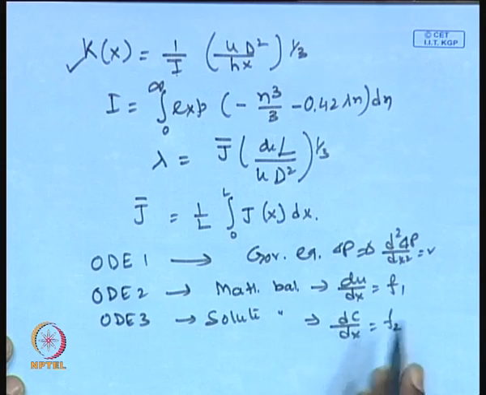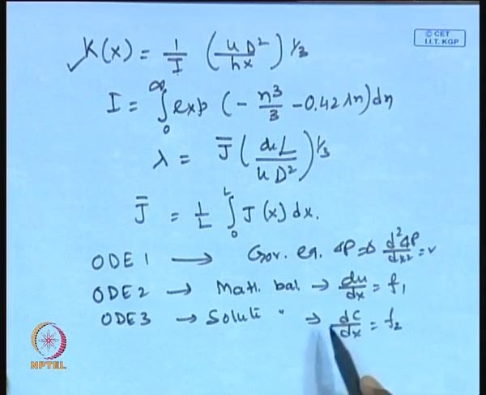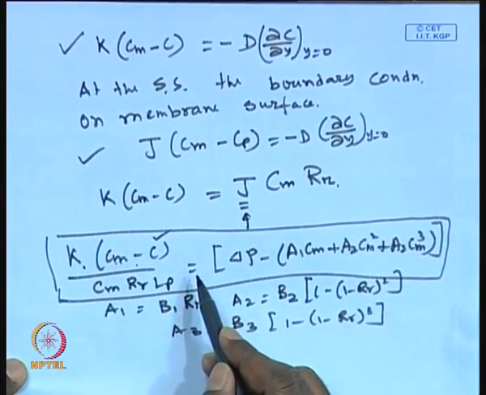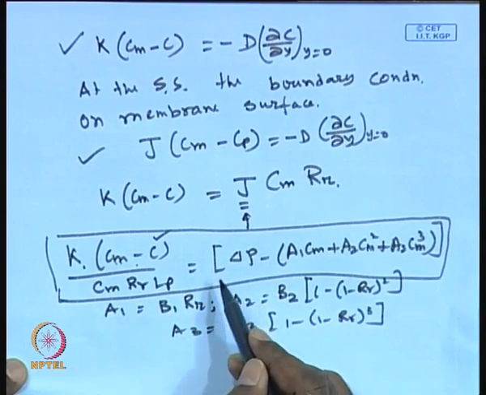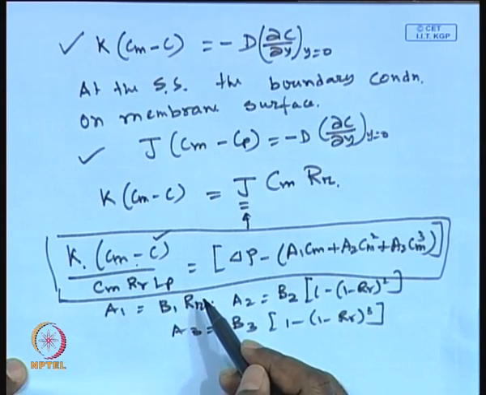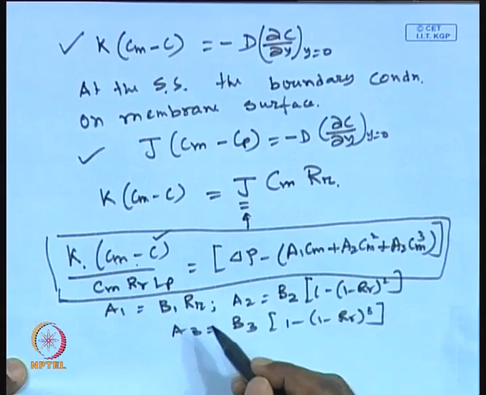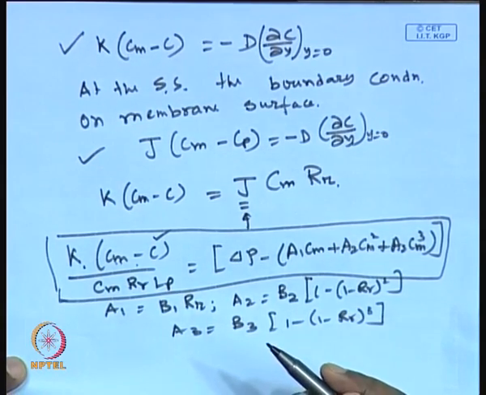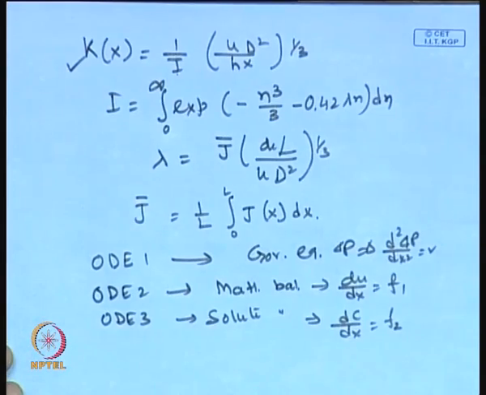Now these three ODEs are basically an initial value problem. You know the initial condition for all of them. So these three ODEs have to be solved by using the RK4 method, and at every step of RK4 you have to solve this algebraic equation to update the value of Cm or C. So basically it is a system of DAE, differential algebraic equations.